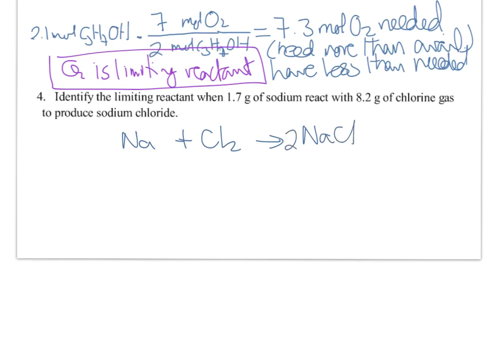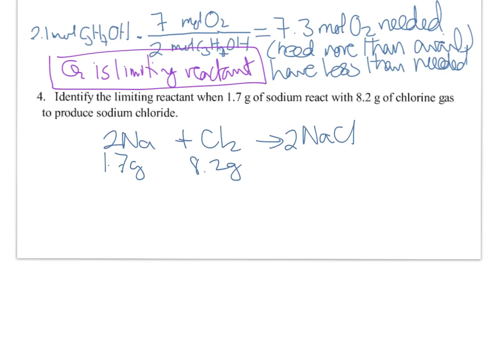To balance, you need 2 and 2. All right, I'm going to write down what I have. I have 1.7 grams of sodium, and I have 8.2 grams of chlorine. I'm trying to find which one is my limiting reactant.